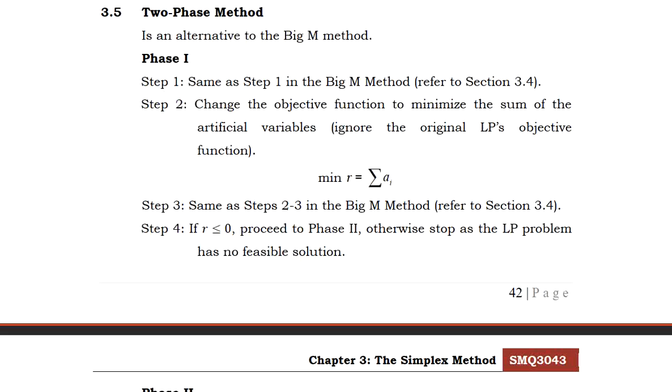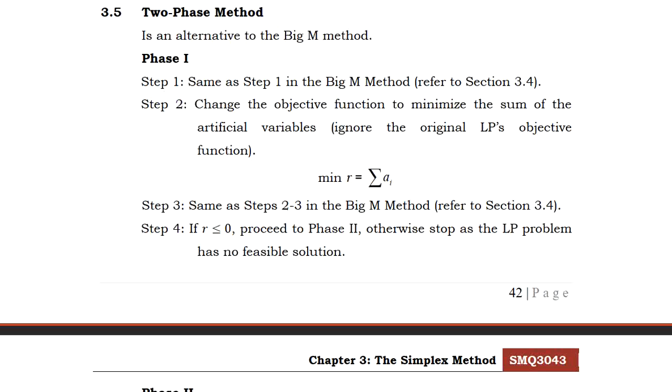So for this week, you will learn about the two-phase method, which is an alternative to the Big M method. For the first phase, there are 4 steps. Step 1, same as step 1 in the Big M method, refer to section 3.4.